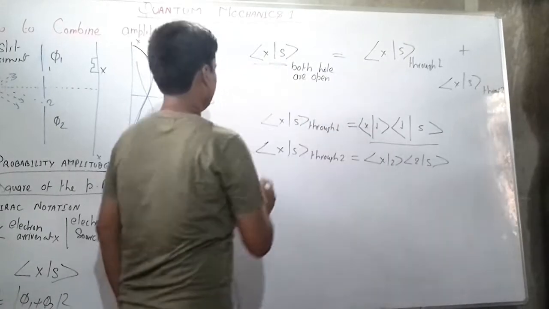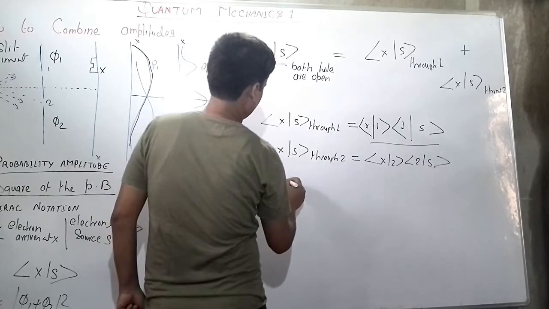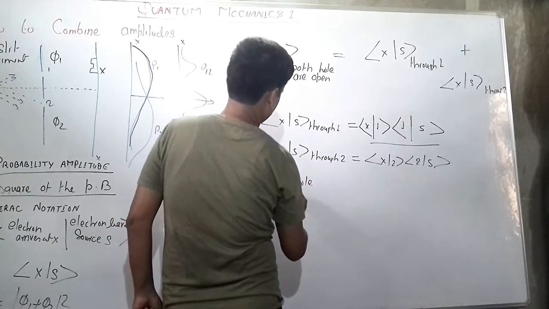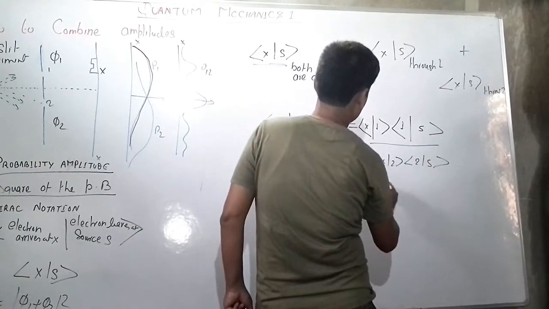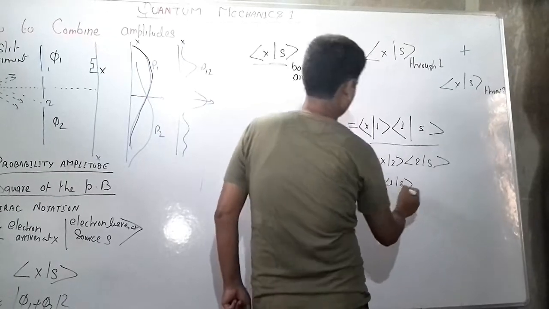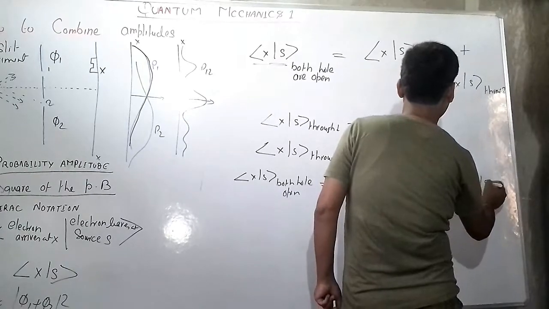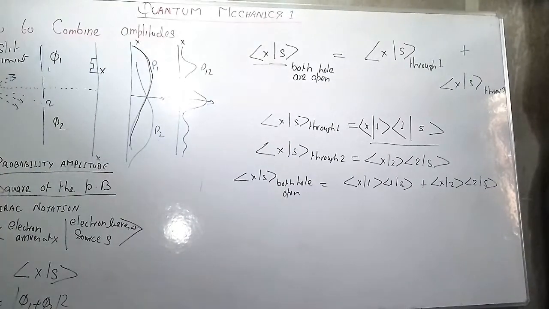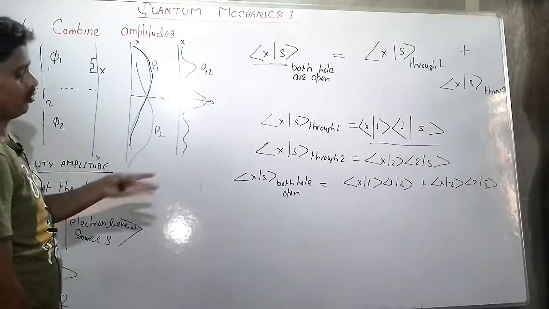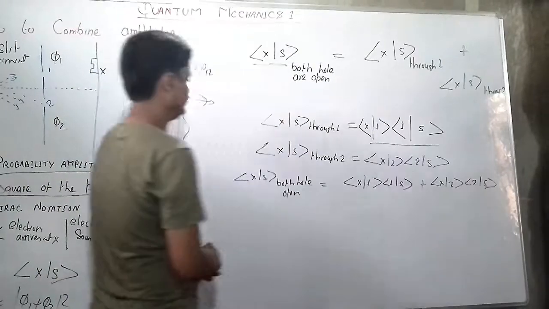Now we plug this into the earlier expression and we get the amplitude with both holes open. You can see that the amplitude of reaching a specific location is equal to the sum over all possible paths.